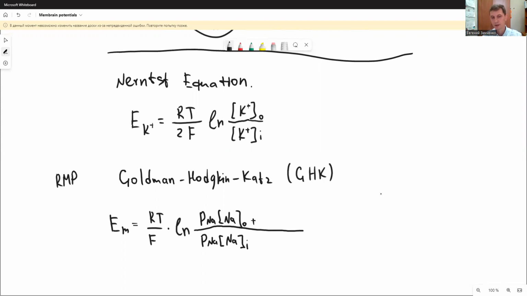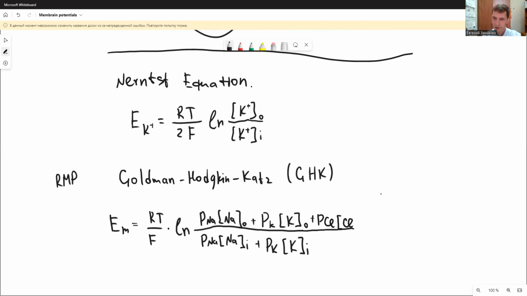PNa is the permeability of the membrane for sodium, and of course the concentration difference between extracellular and intracellular space. The same about K plus ions: permeability for K, and concentration difference between inside and outside. And the one negatively charged ion is chlorine.